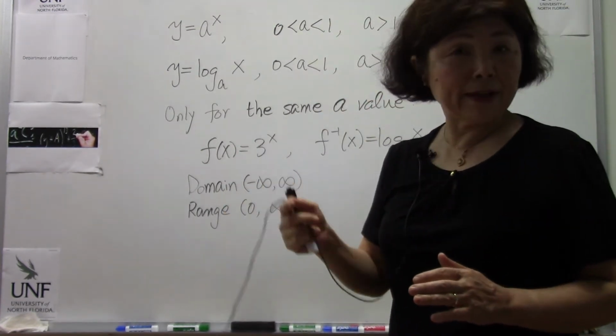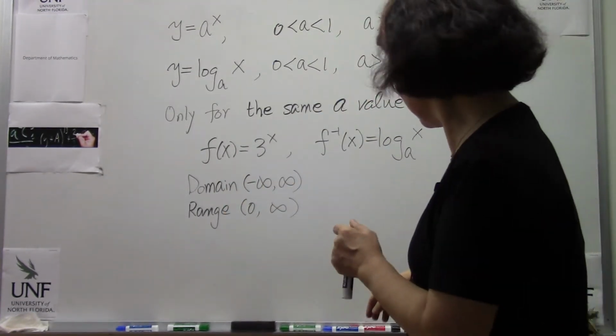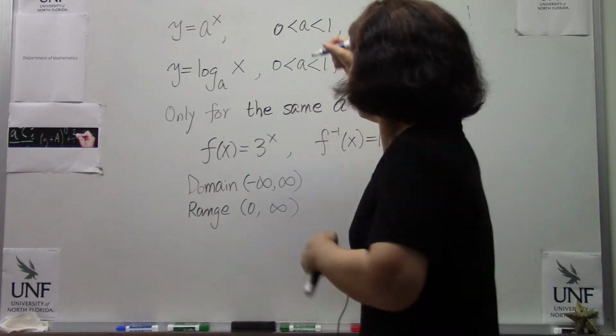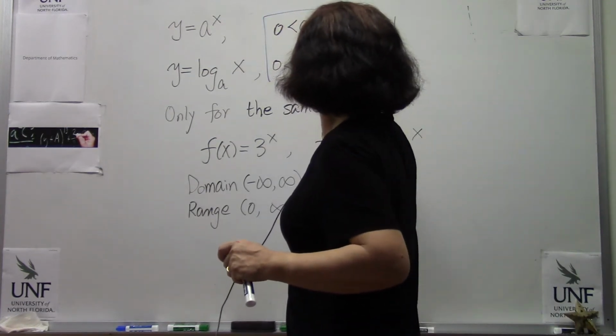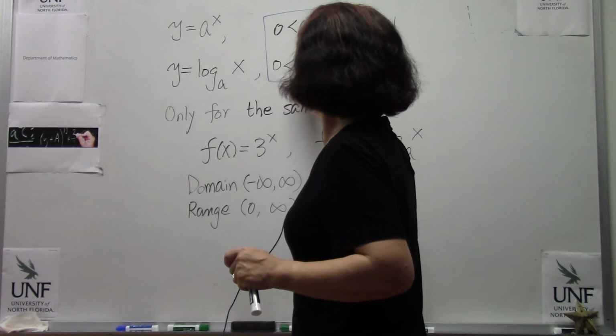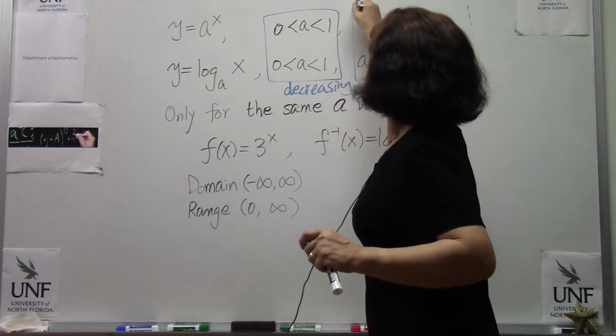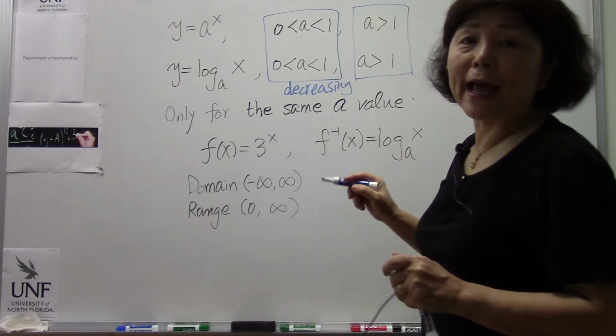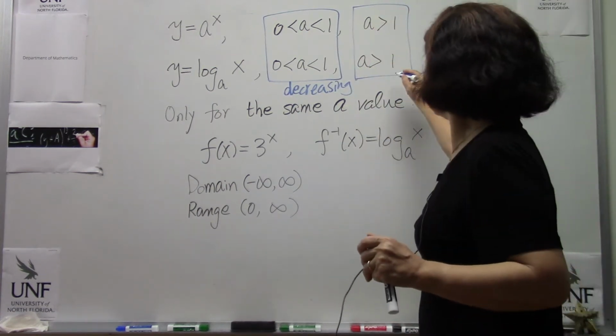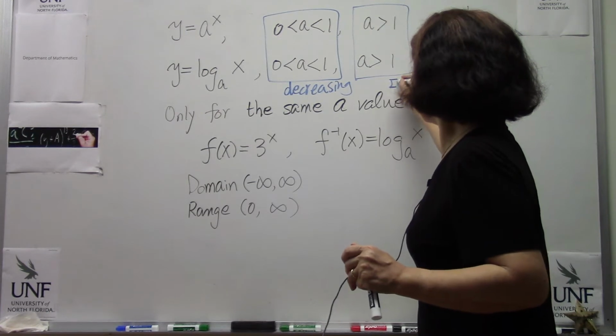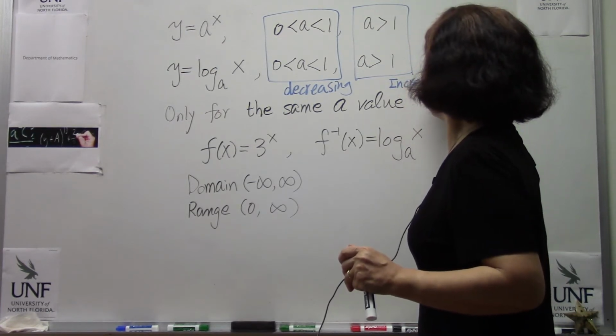Yes, they make a big difference. When the base is between 0 and 1, the functions are decreasing, and when the base is greater than 1, the functions are increasing. That is a big difference.